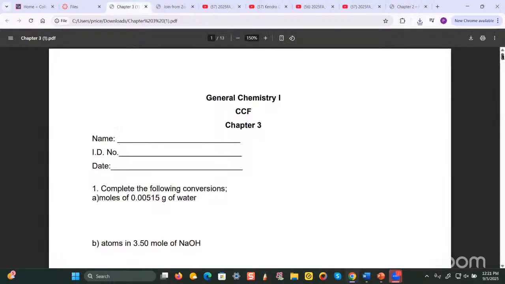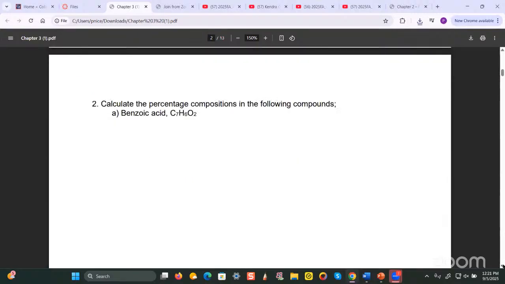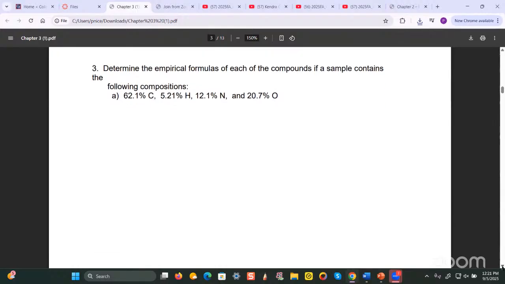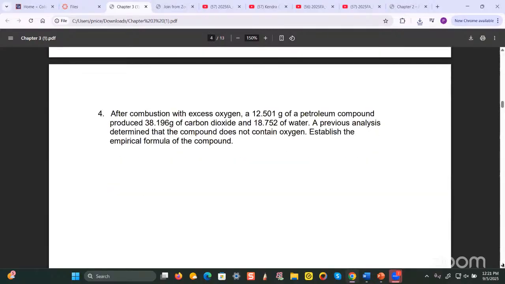You should be able to do questions 1, 2, and I would suggest you try number 3 as well. So 1, 2, 3. Try those. If you have any problems, let me know.